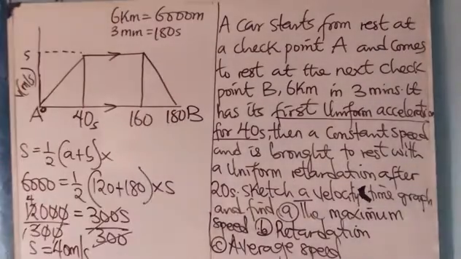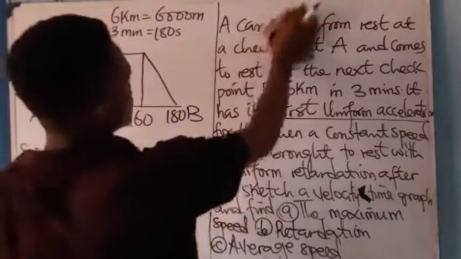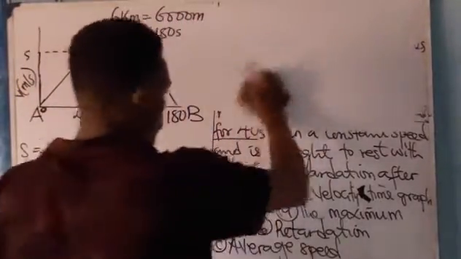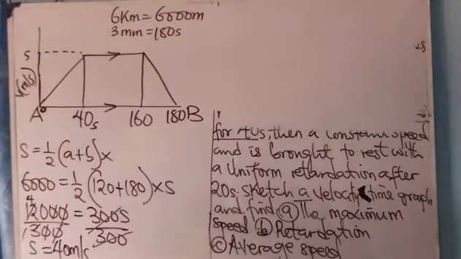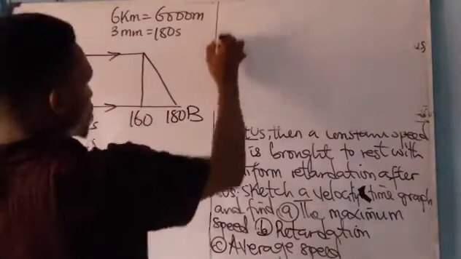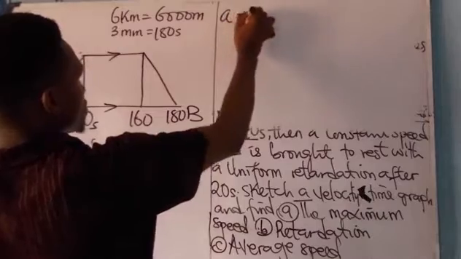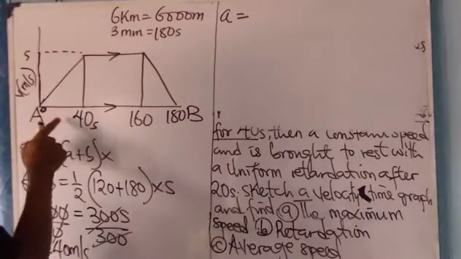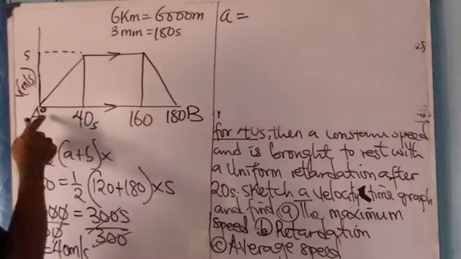Now the next one is the retardation. Retardation is going to be 0 minus 40.